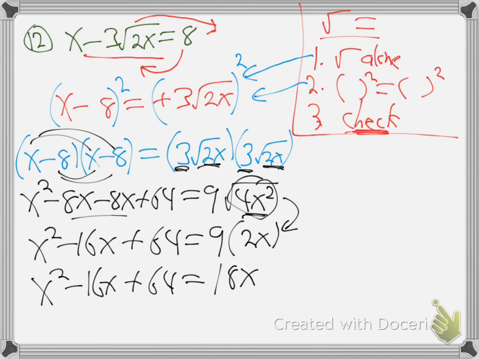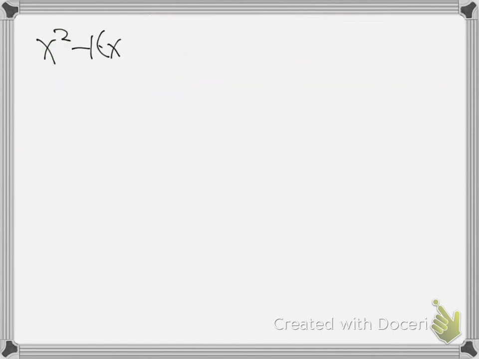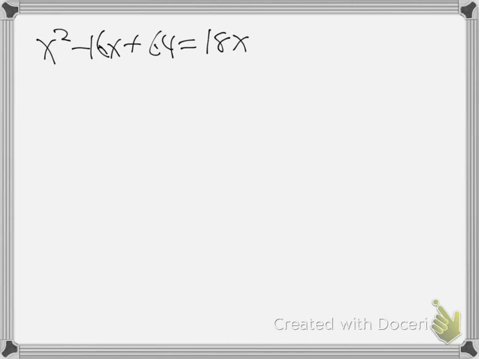Okay, now let's take that over. New screen here. x squared minus 16x plus 64 is 18x. Okay, now what are we supposed to do? Well, we're in a whole new world now. Now we've got x squared, right?